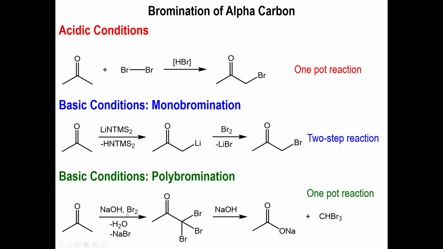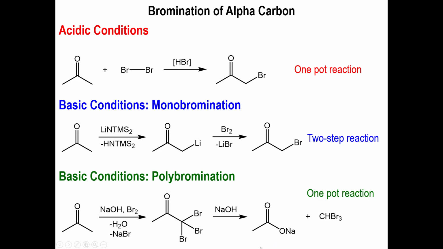But even then, having the Br2 around in the presence of the hydroxide, in the presence of the regular ketone, doesn't just give you monobromination. It actually continues forward to give you polybromination. And not only that, but after the alpha carbon gets fully brominated, assuming that it had 3 protons to begin with that could be substituted by bromine, the tribromomethyl group in here is actually completely removed and replaced by an oxo group.